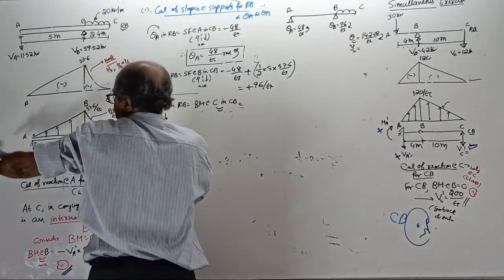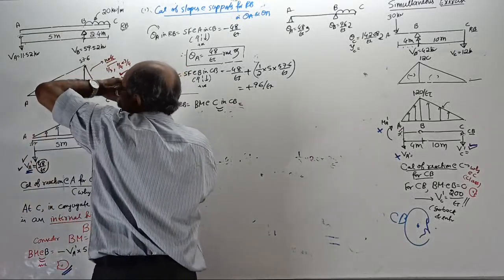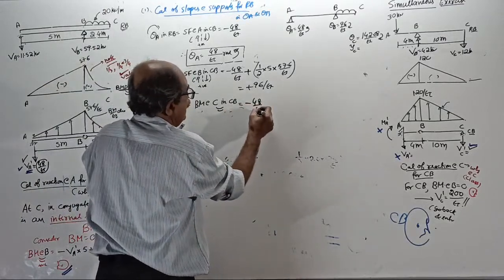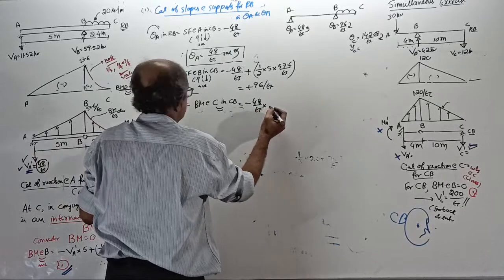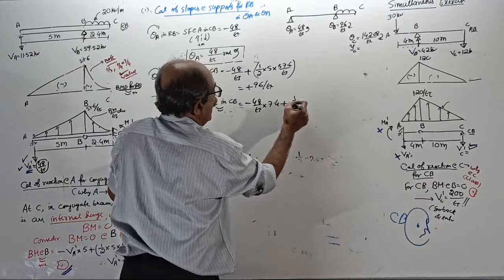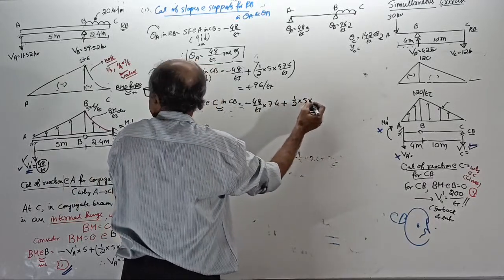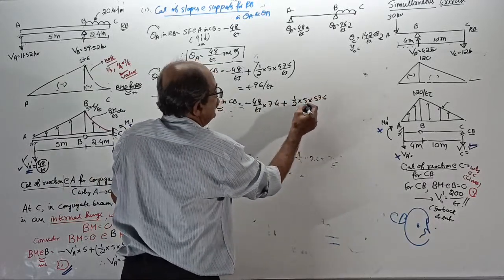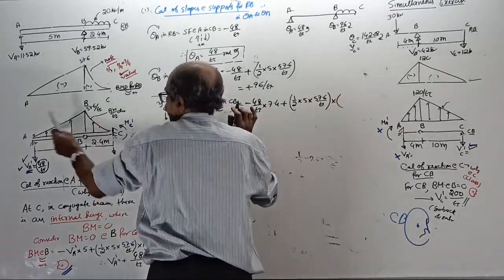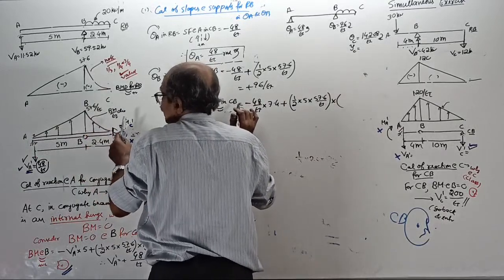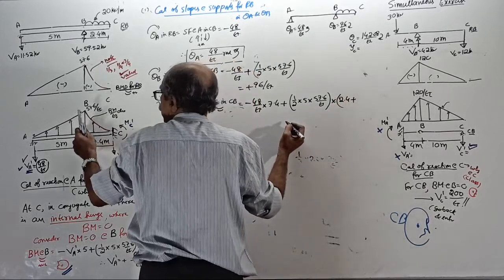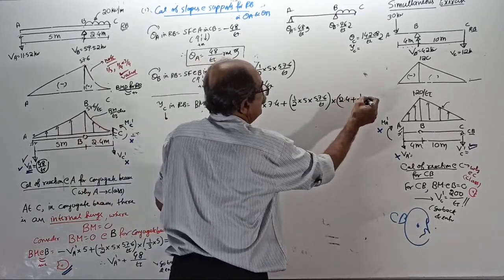Start: minus 48 by EI into 5 plus 2.4, 7.4, then plus half into 5 into 57.6 by EI, the total load, into moment about this point, 2.4 plus 1/3 of 5.